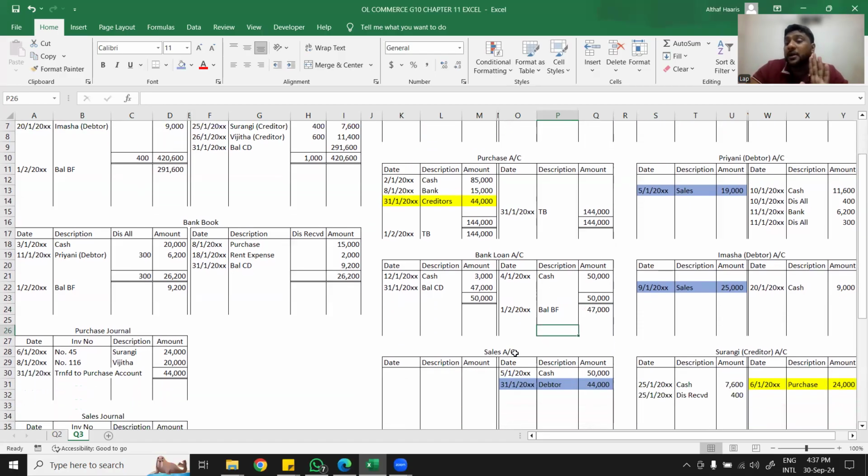Sales is an income account. Income accounts, no BCD, BBF. Directly we will put it to the trial balance.